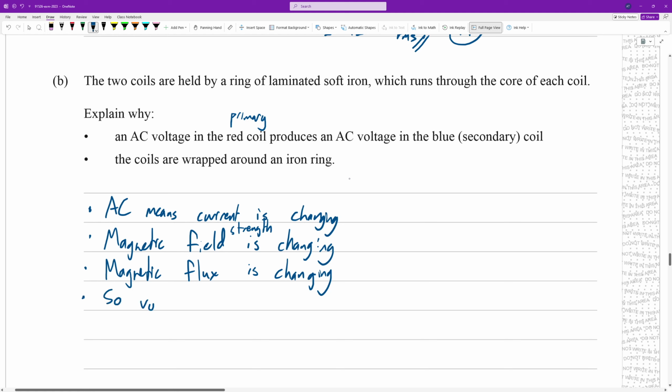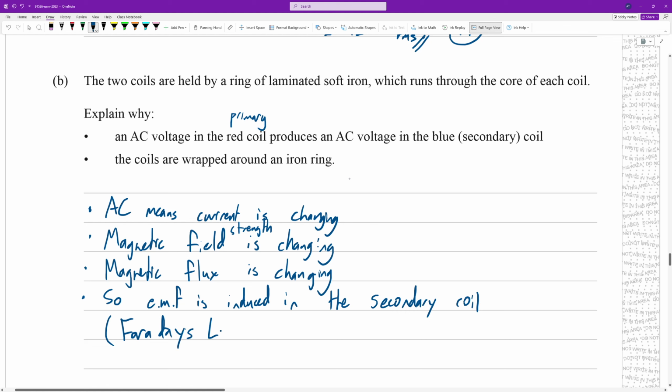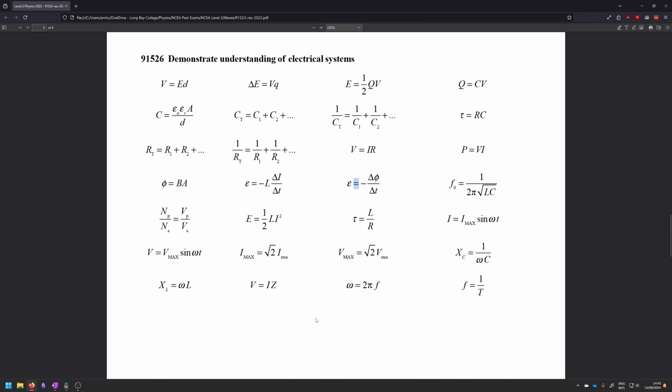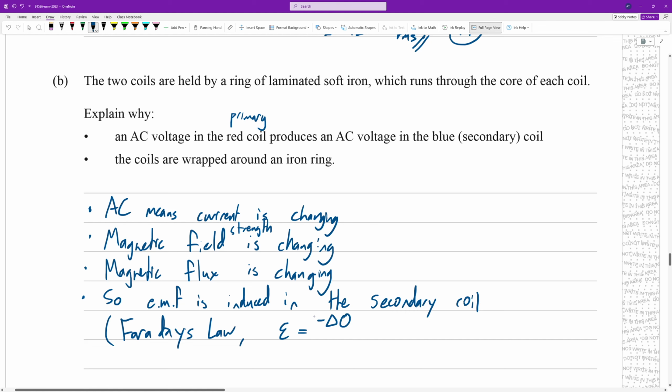So voltage, or we could say EMF, is induced in the secondary coil, and just where that comes from is Faraday's law. Epsilon equals negative delta phi, magnetic flux, over delta T, the rate of change of magnetic flux.